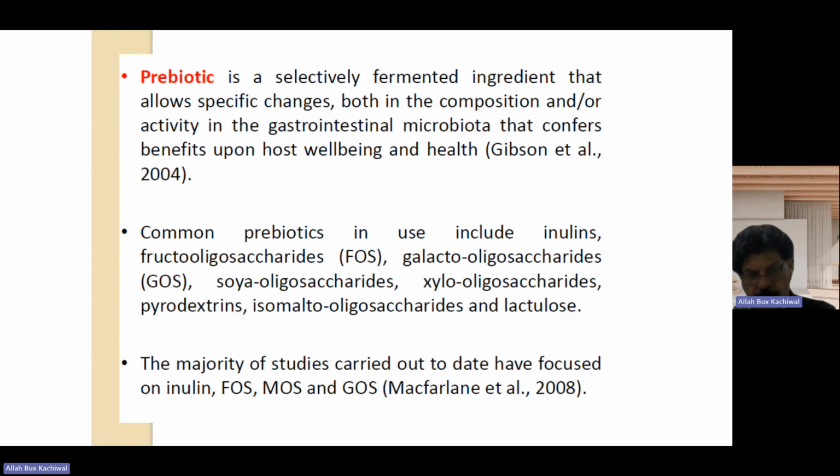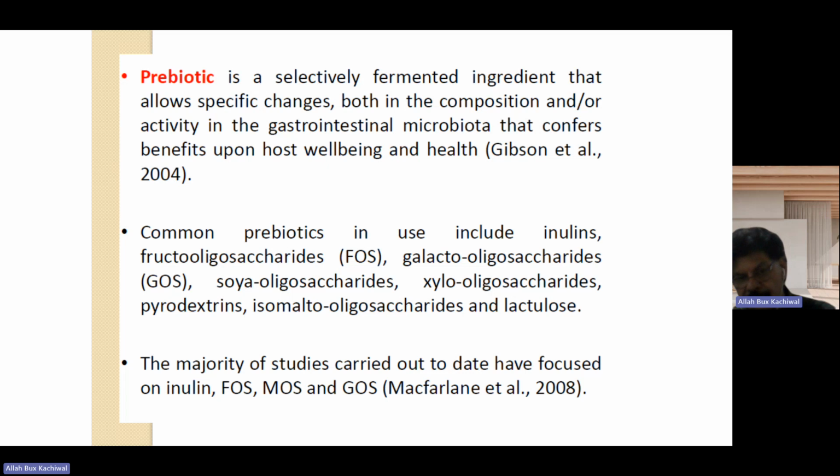Common prebiotics in use include the inulins, the fructooligosaccharides, the galacto-oligosaccharides, and soya oligosaccharides, xylo-oligosaccharides, and pyrodextrins, isomalto-oligosaccharides, and lactulose.